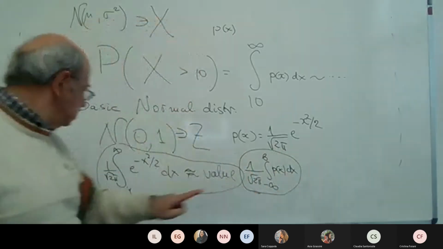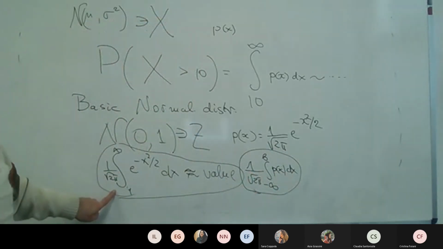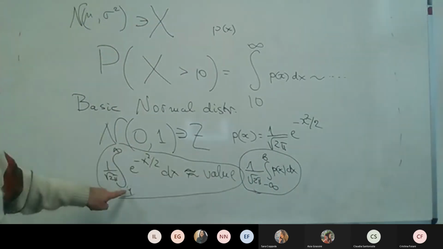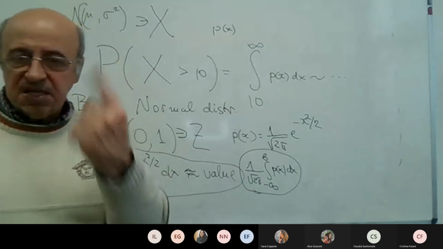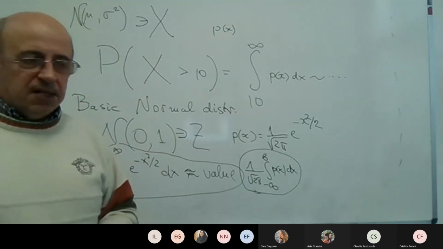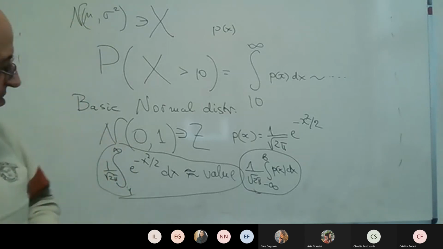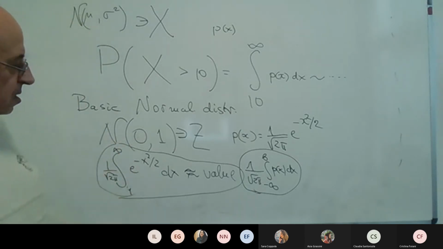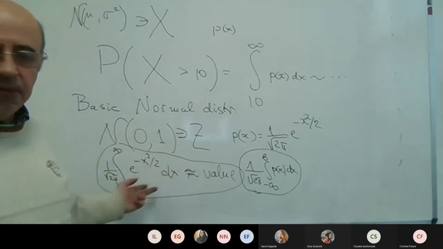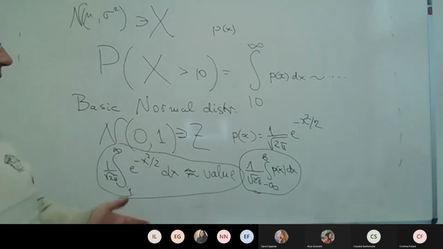These integrals are very simply connected. The sum of these two integrals when a is equal to b is exactly 1. So if you have tables or if you calculate this integral approximately with Excel, then the other one is 1 minus this value.